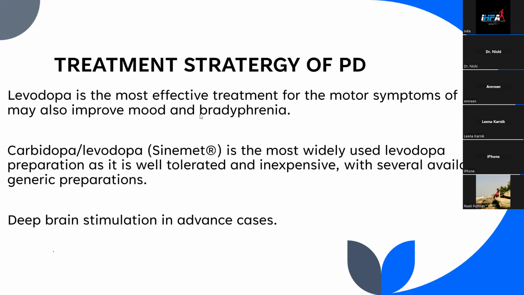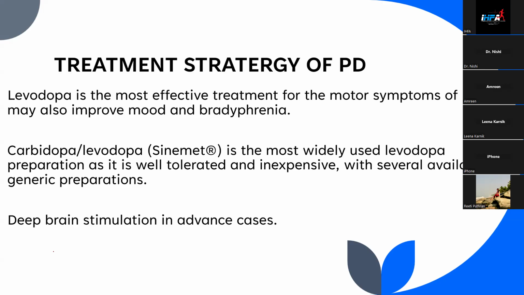Sorry, there was some network issue. So in treatment, the first thing is medical management: levodopa and syndopa. This is additional dopamine which you incorporate into the body to make sure the body gets enough dopamine, the neurotransmitter is working well, your brain works in a proper system, balance and coordination, and the motor symptoms of Parkinson's disease get better.